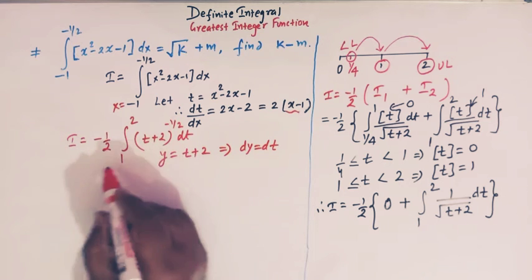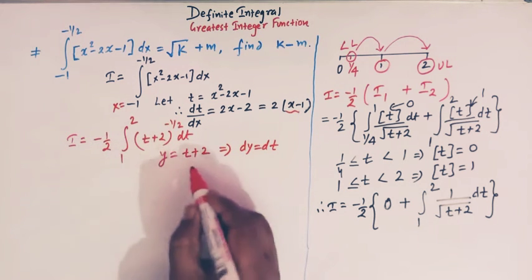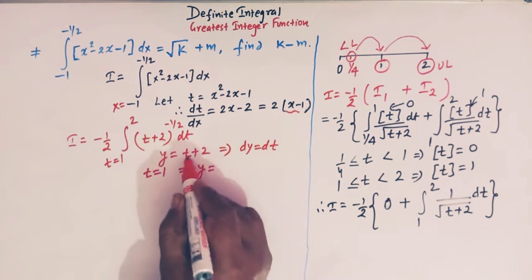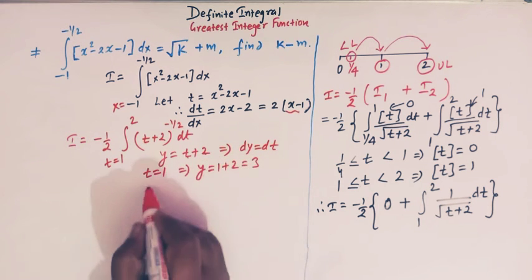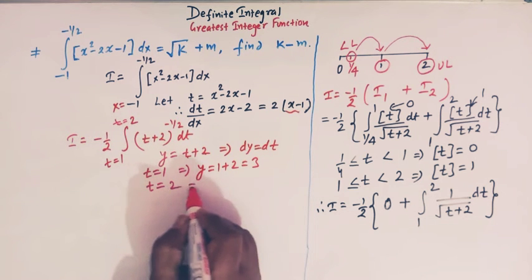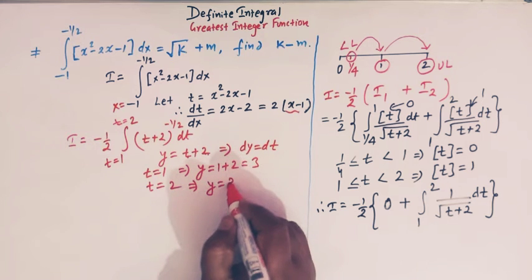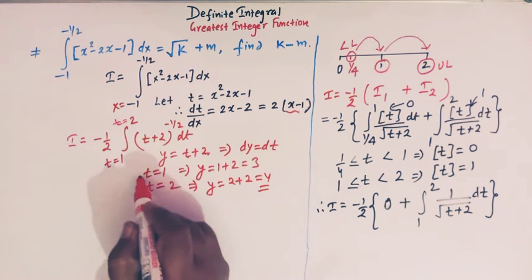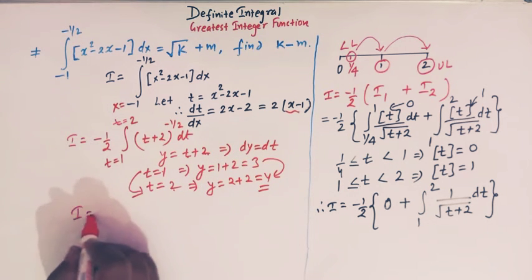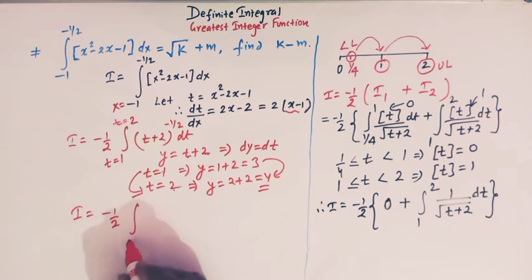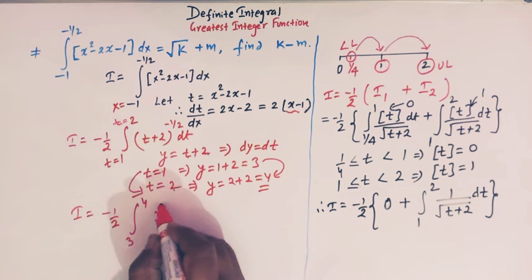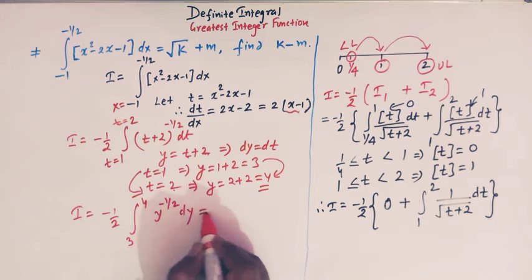And if we change the limits, then when t is 1, y is 1 plus 2, that is 3, and when t is 2, y is 2 plus 2, that is 4, right? So when t varies from 1 to 2, y varies from 3 to 4, so this integral I can be written as minus half, integral from 3 to 4 of y raised to minus half dy, right?